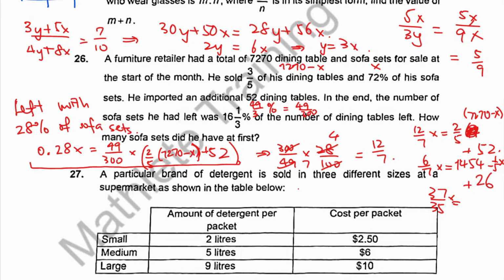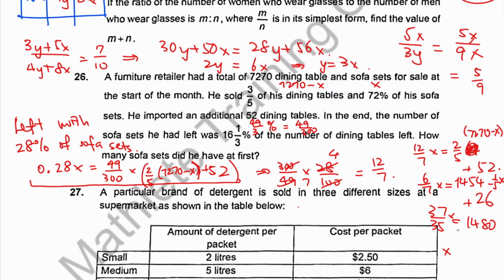Okay, this will make a lot more sense. So this is 1454 plus 26, so that's 1480, and then times 35 over 37, that's 1400. Okay, so at first he had 1400 sofa sets.